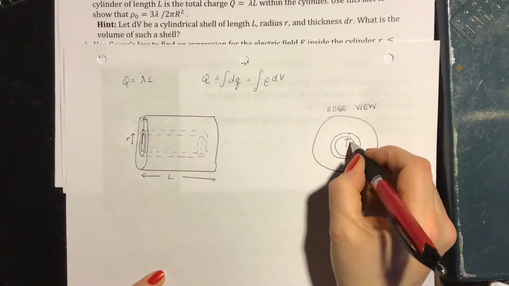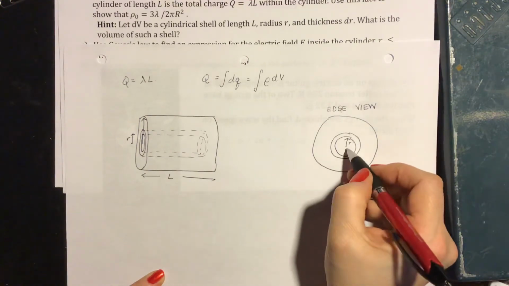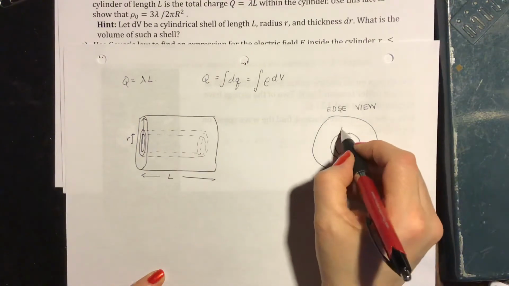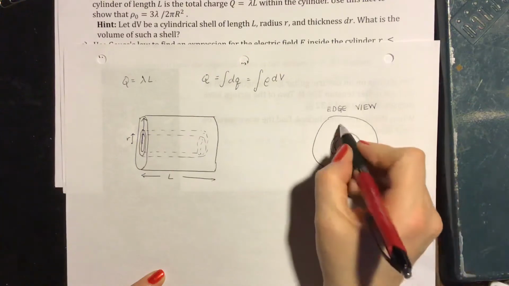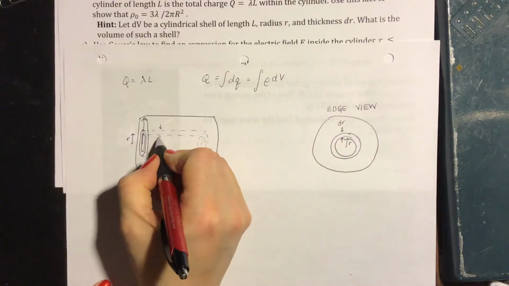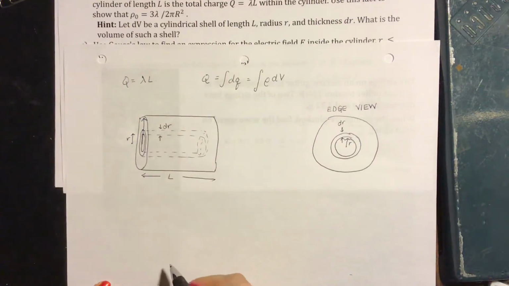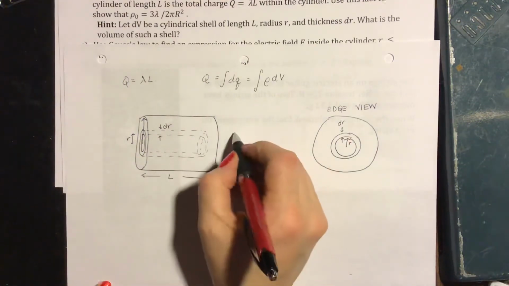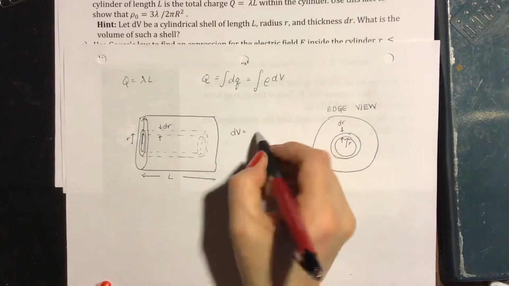Let's get another label on here. It has a radius of r, so it has a thickness, which is in the radial direction, of dr. So thickness equals dr. So dV equals a thin shell.